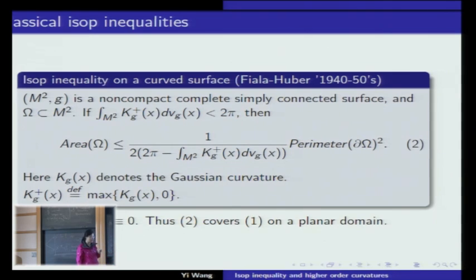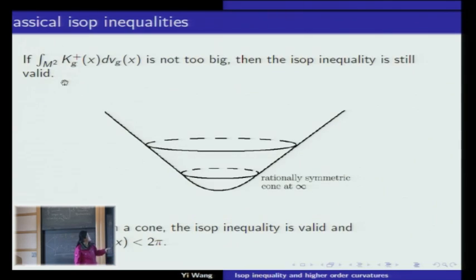Well, why is that? Let's come back to this picture here, which is the simplest case because it's rotationally symmetric. You can think of this surface as a round cap attached with some cone part. Over the cone, the metric is flat, so the Gaussian curvature is identically equal to 0.